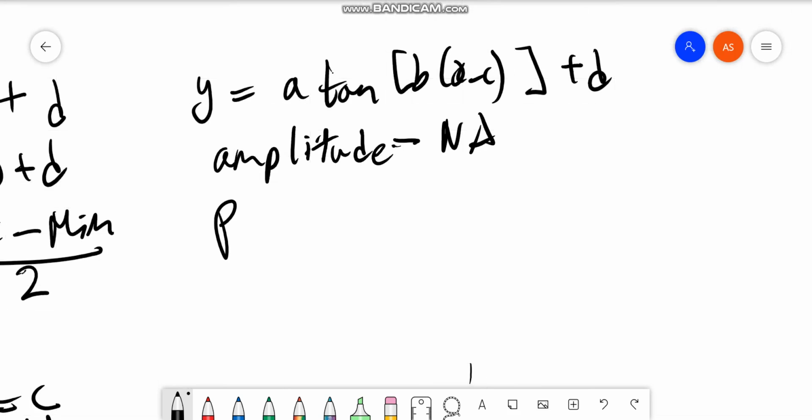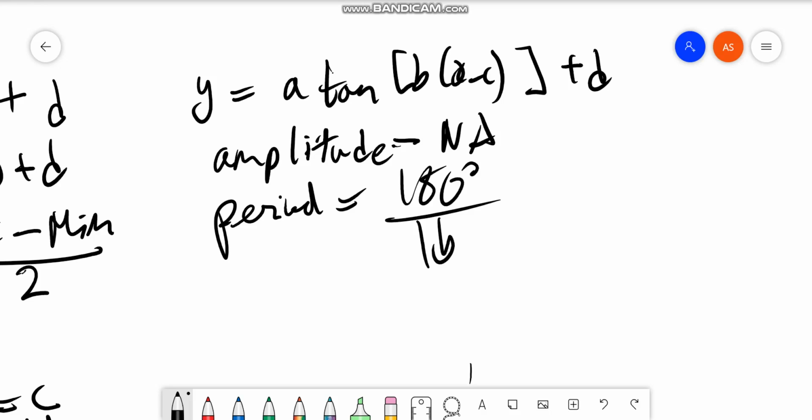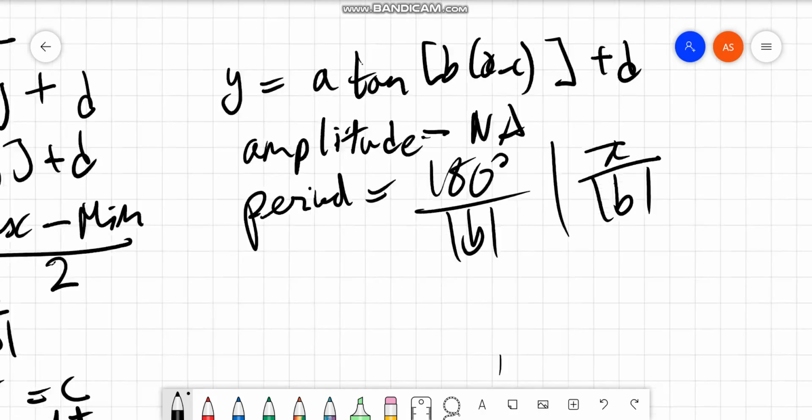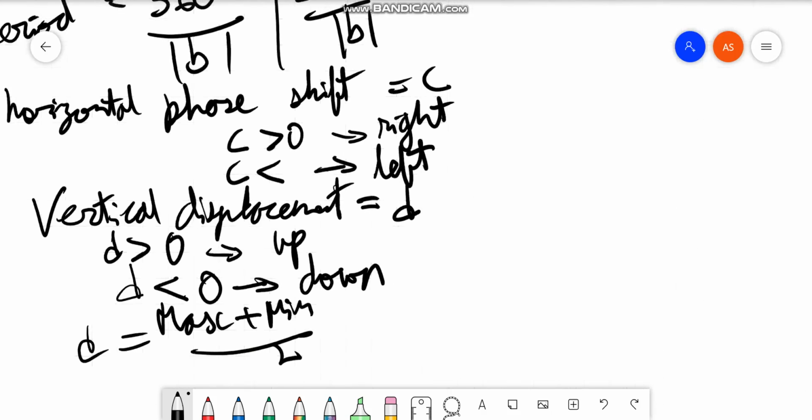Next, the period is 180 degrees over the absolute value of b, because the period of tan theta is 180 degrees. Now, next is the horizontal phase shift and the vertical displacement, which are the same.